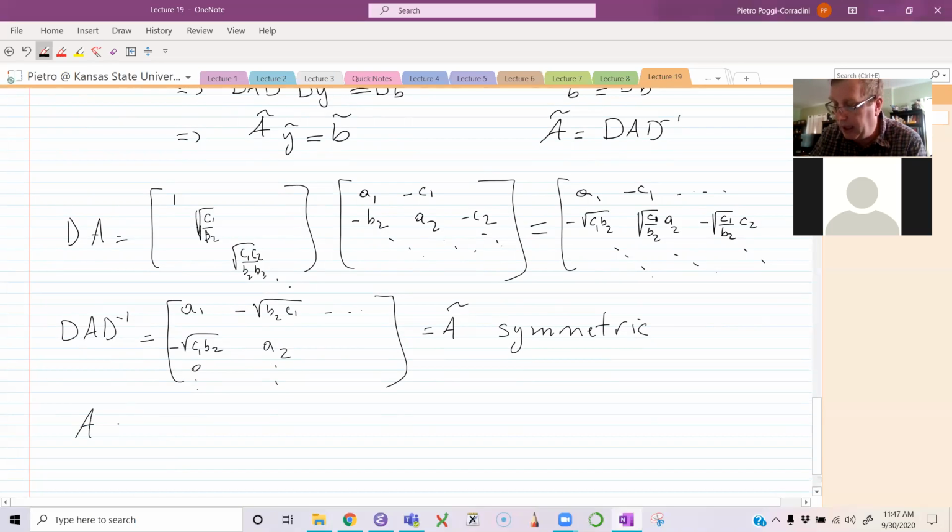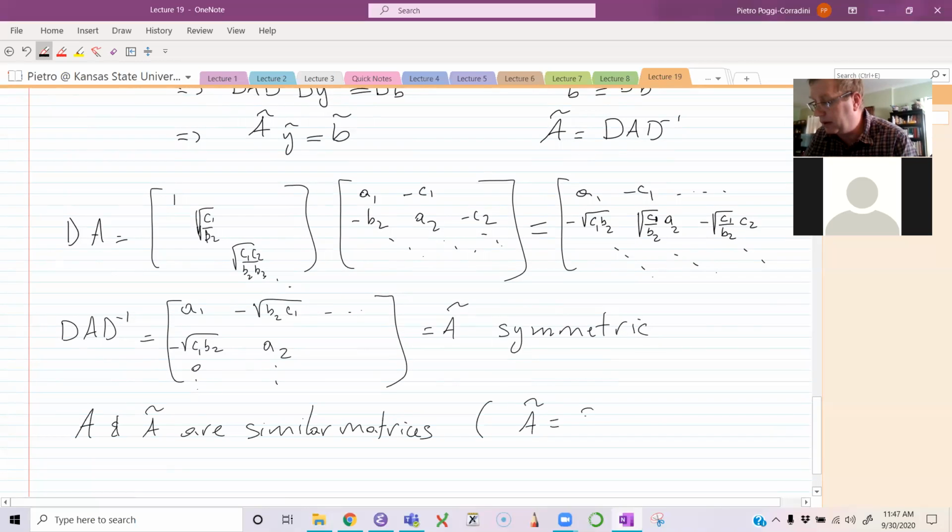So A and A tilde are similar matrices. This is the formal definition of similar matrices.